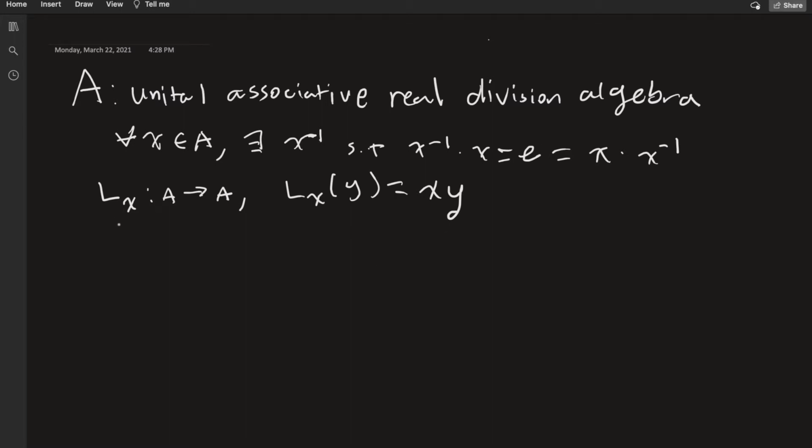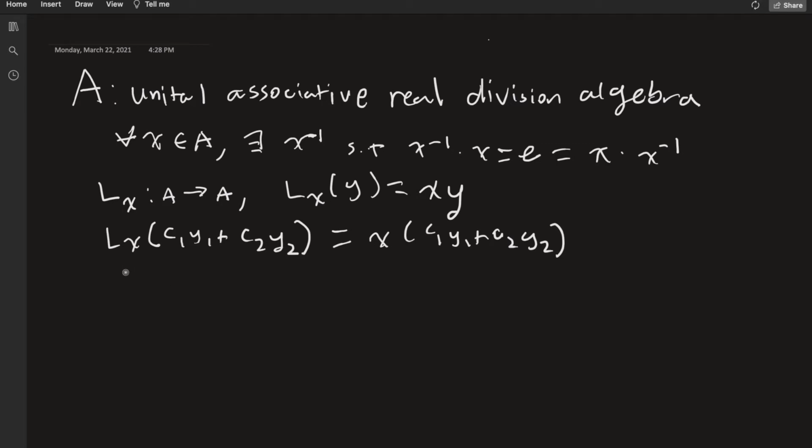To do that, we just plug in Lx of c1 y1 plus c2 y2. By one of the axioms of algebras, the axiom of distributivity, this is equal to x times (c1 y1 plus c2 y2), and we just use distributivity to say that is equal to this.